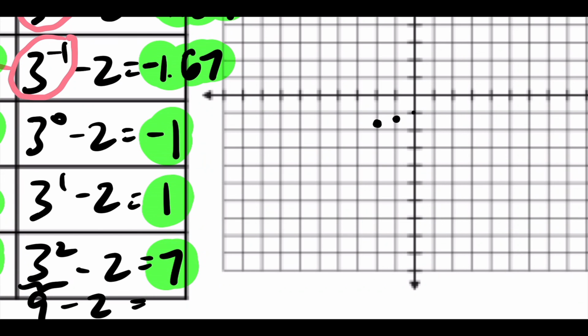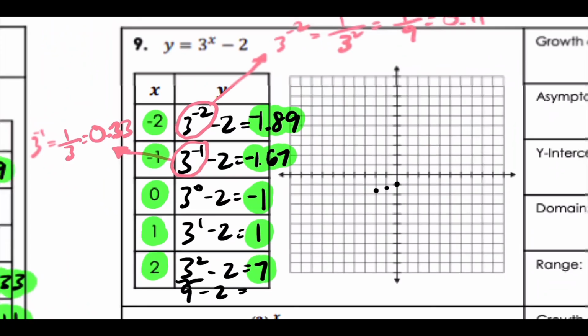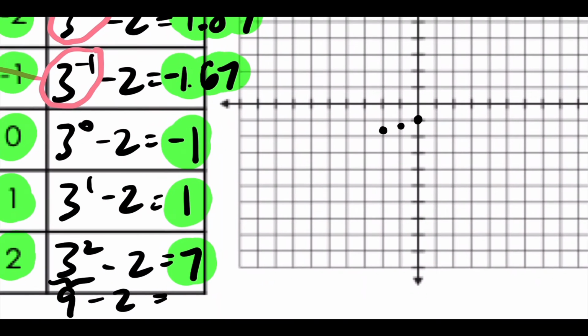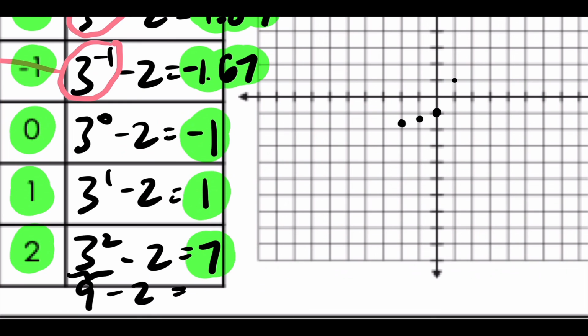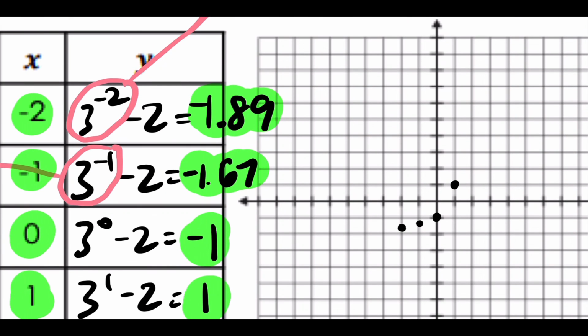And then 0, negative 1. And then 1, 1. And the last one's 2, 7. Growth. We knew it was going to be growth.